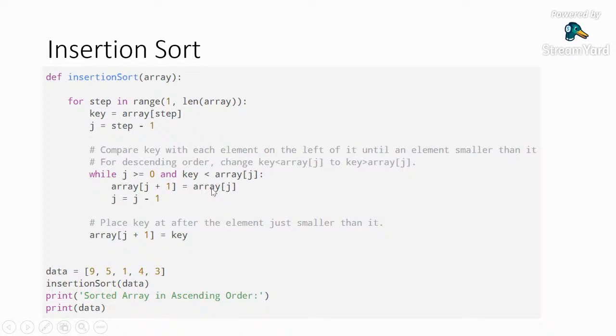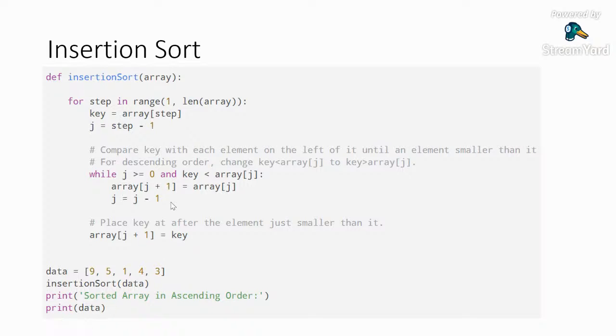It means we are performing the right shift, and j is decremented, j is equal to j minus 1. This loop continues till any of the conditions is false. When you come out of this loop, that particular key, array of step, is placed at the suitable position. And what is the suitable position? Array of j plus 1. This is nothing but the insertion sort.